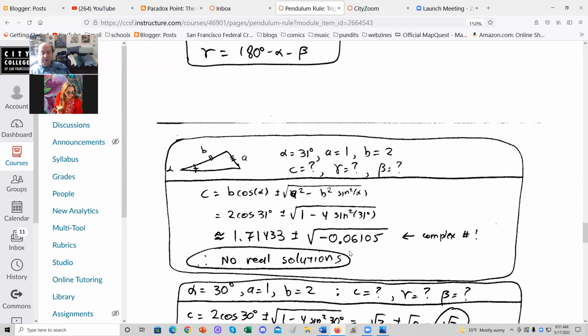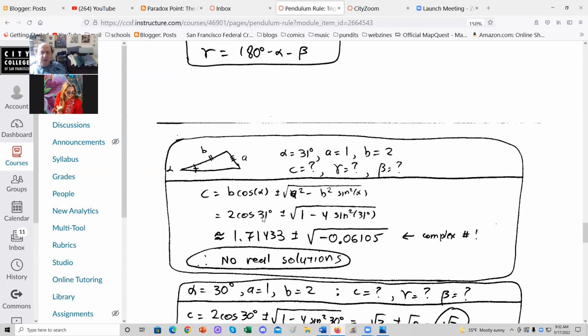So for example, you have a triangle with 31 degrees here. This is length 1, this is length 2. What is C, gamma, and beta? Well, C is B cos alpha plus or minus the square root of A squared minus B squared sine squared alpha. That's the formula.